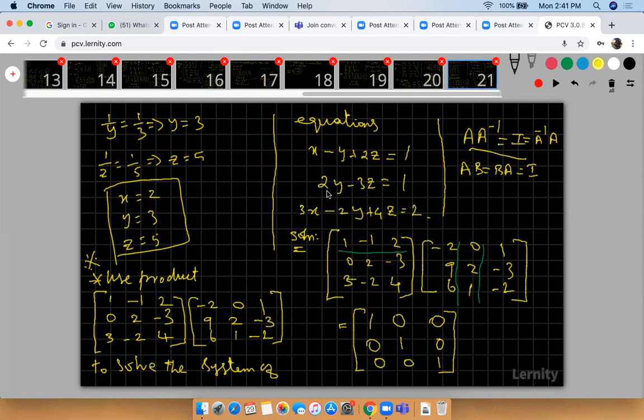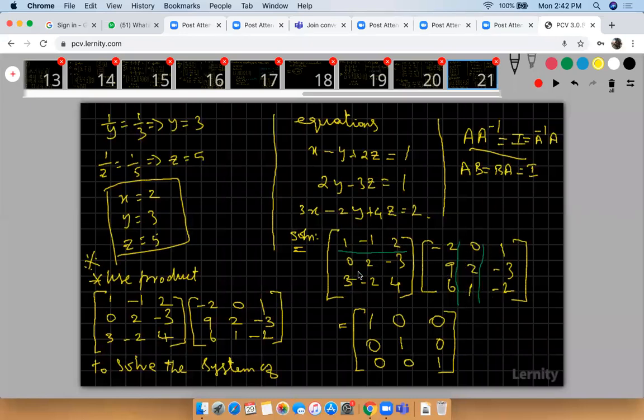So if you write the system of equations in matrix form, AX is equal to B, the coefficient matrix is called A. You have to find the inverse of the coefficient matrix A. So I am going to take this matrix as A, and then this is my A inverse.